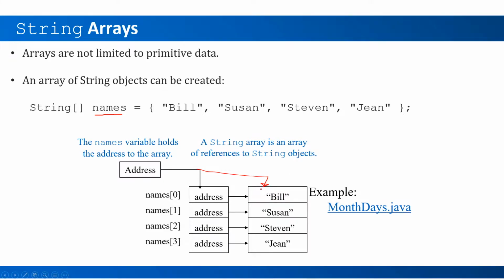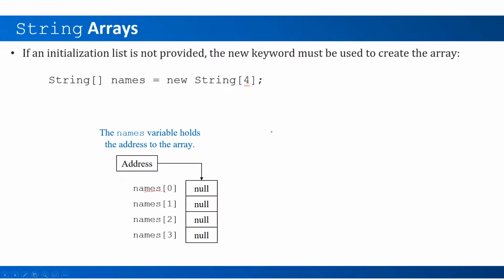The answer is no. Instead, what you are actually pointing to is an array of reference variables, which would have the same name as the reference variable here, except that it's indexed with 0, 1, 2, 3. So names sub 0, names sub 1, names sub 2, names sub 3, all of these are sub-reference variables pointing to the actual strings in the memory.